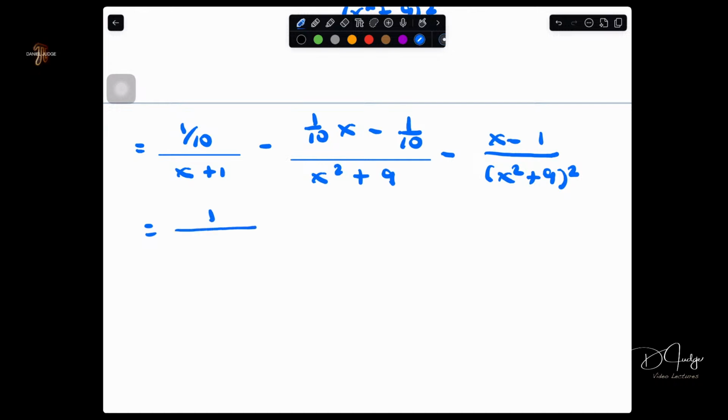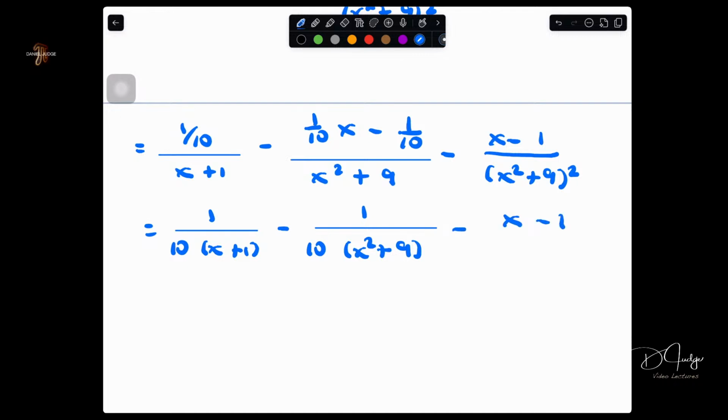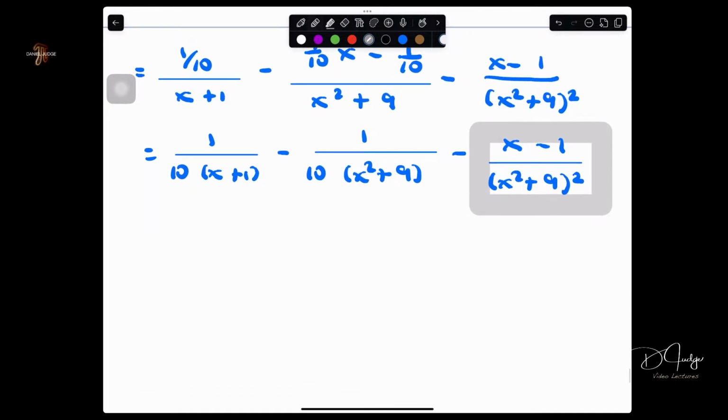So simplifying a bit more, 1/10 over x plus 1 minus 1/10 times x over x squared plus 9 minus x minus 1 over x squared plus 9 squared. What we can end up doing with this last portion is also a little bit of the algebra that we did.